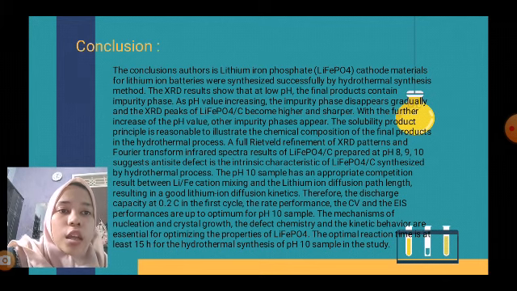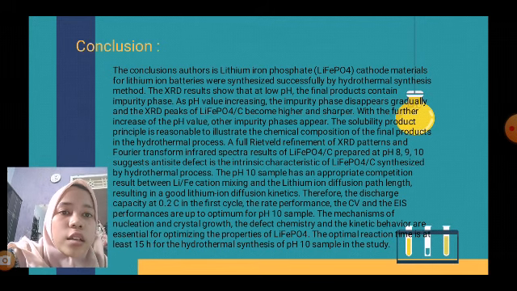The pH 10 sample has appropriately completely resolved Li or Fe cation mixing and the lithium ion diffusion path, which results in good lithium ion diffusion kinetics.